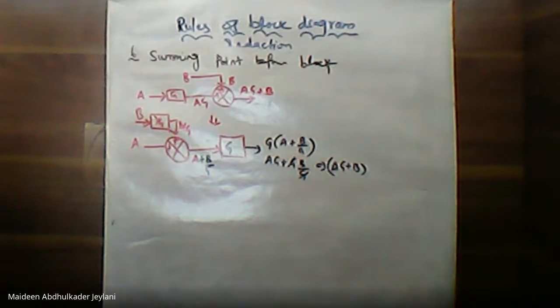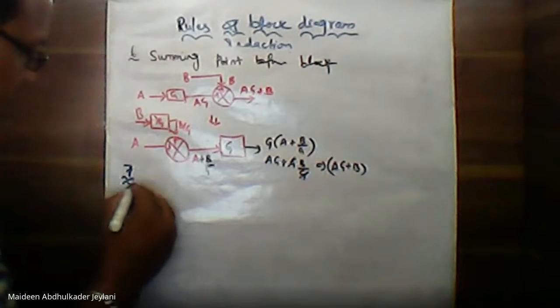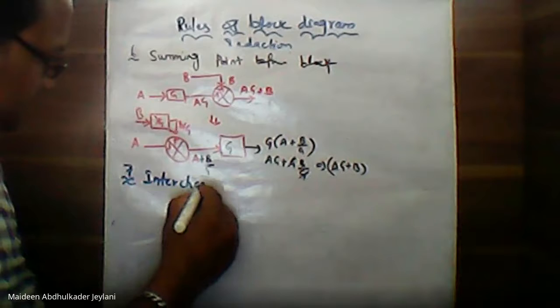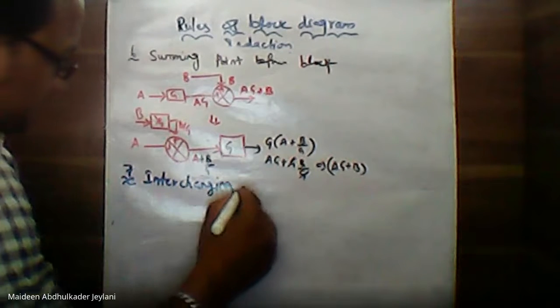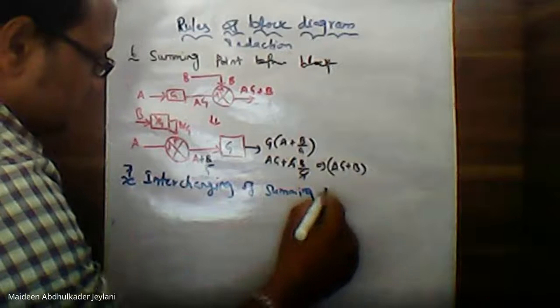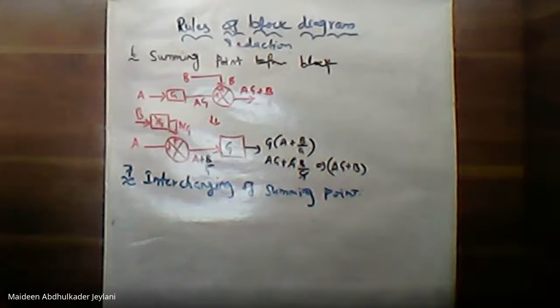And rule number 7, interchanging of summing points. Here you have two summing points.